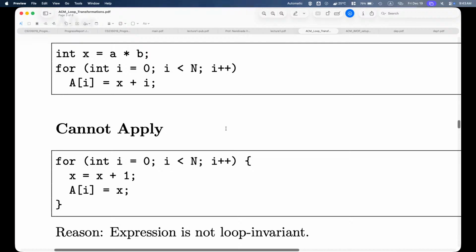Let's do the same thing for Y. Now I have Y equal to T1 plus 1. I will make T2 equal to T1 plus 1 and replace this with T2. Then I have Z equal to Y plus 2, which I'll make T2 plus 2. And then Z equal to Z plus I.